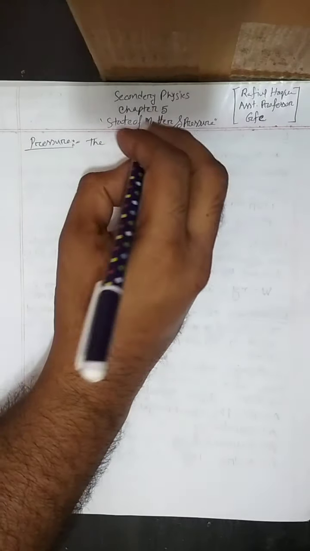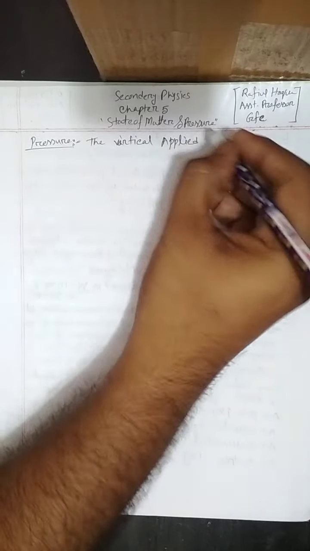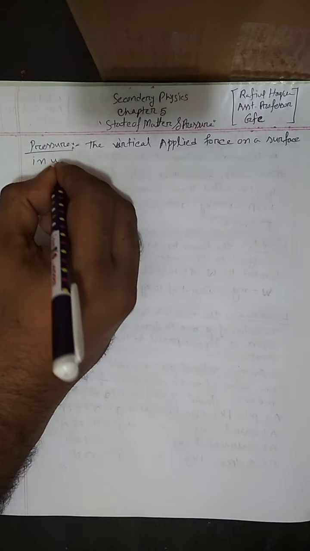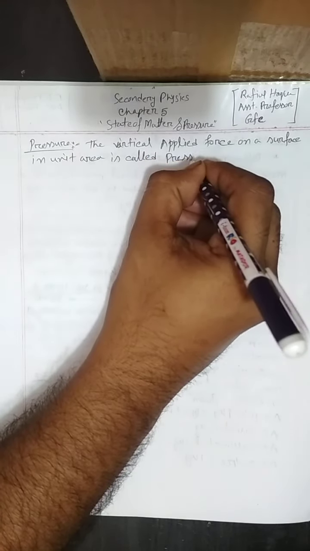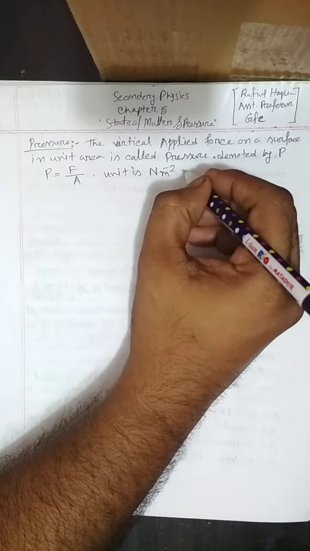The vertical force applied on a surface in unit area is called pressure, denoted by P. So P is equal to F by A. The unit is Newton per meter square, and the popular unit is Pascal.